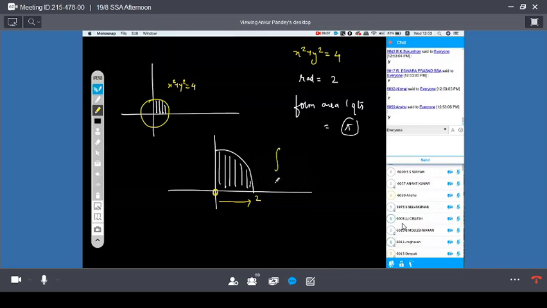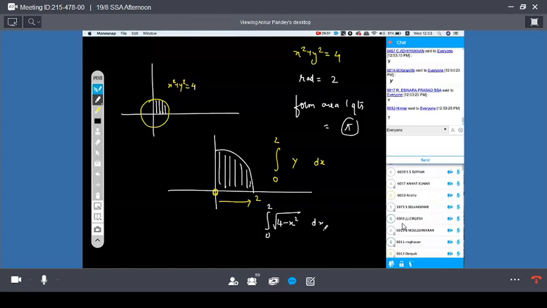So, sir, let's integrate from 0 to 2 all the values of x. Clear? But the vertical is y. Yes or no? Sir, but luckily by our knowledge of mathematics, we can write y as root of 4 minus x square. Yes or no?